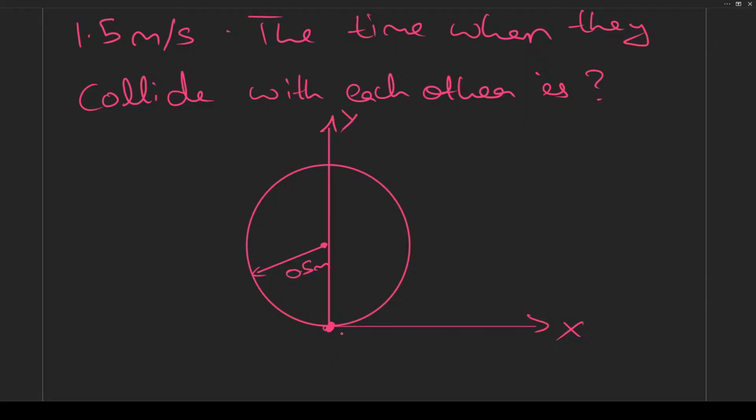Now one particle starts with Va, which is equal to 0.5 meter per second, and one more particle starts this side with Vb, which is equal to 1.5 meter per second.